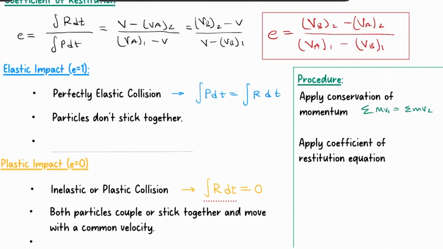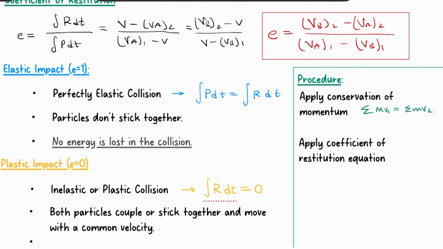Whenever you find the coefficient of restitution, or sometimes it is given, if the coefficient of restitution is equal to 1, that means we have a perfectly elastic collision, meaning that the impulse for deformation is the same as the impulse for restitution. The particles do not stick together, and that means that no energy is lost in the collision.